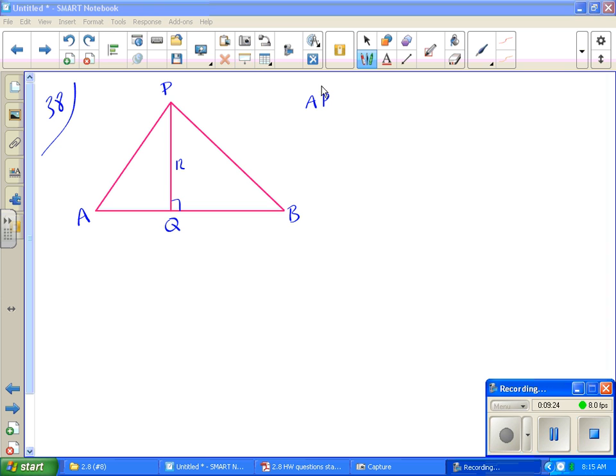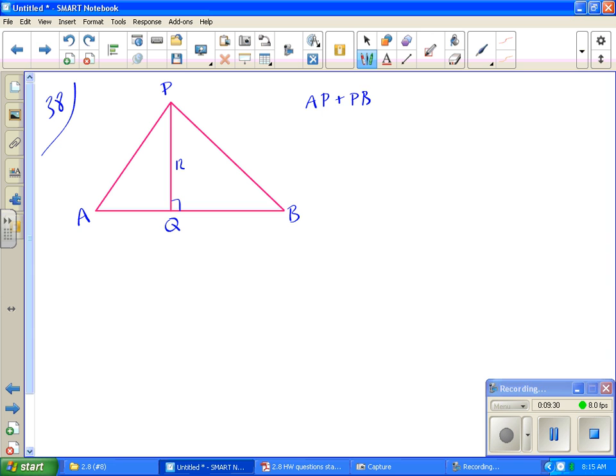So setting up 38 here, we know that AP plus PB is going to be 39, which I'll probably use at some point here. It passes over the pulley P. The point Q is on the floor 12 feet directly beneath P, so this is 12. We got that in the picture.